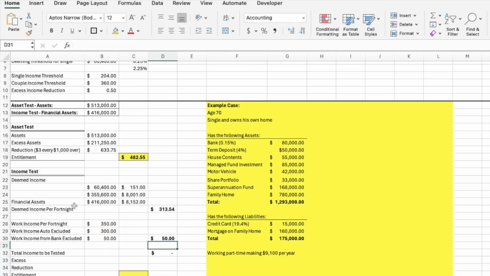So we have deemed income of $313 and actual income of $50, meaning our total income to be tested under the income test will be the sum of both of those, so 313 plus 50, so 363.54.